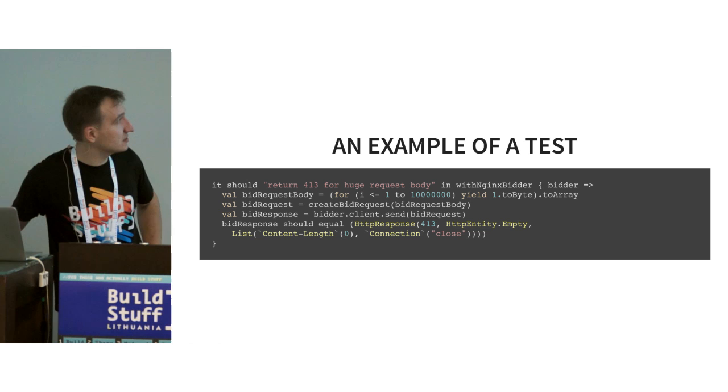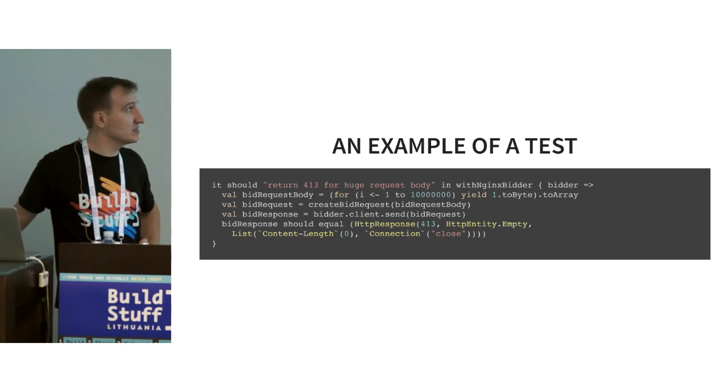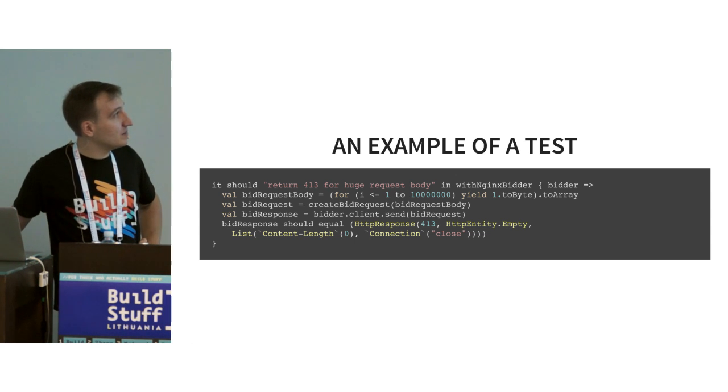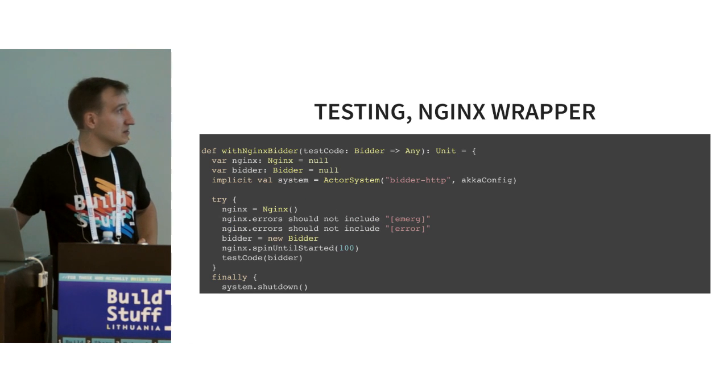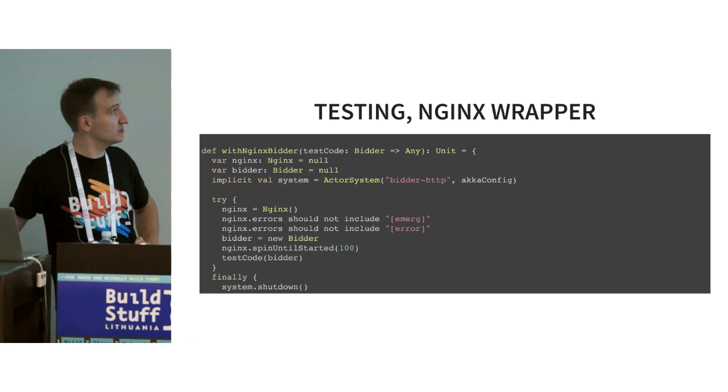So basically, this is an example. What you see here is a test for huge request bodies. I think it's readable and self-explanatory. Basically, what this test does is launch Nginx with an upstream server, which responds with mocked responses. So you create a request, send it, get a response, and validate.